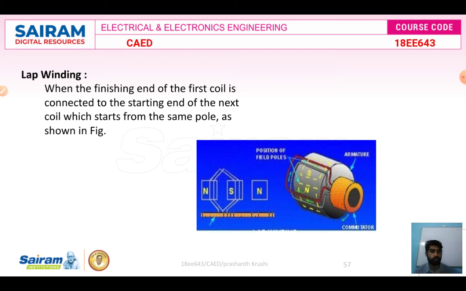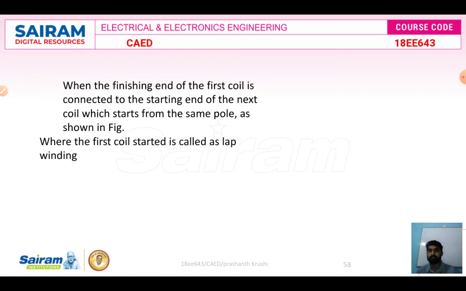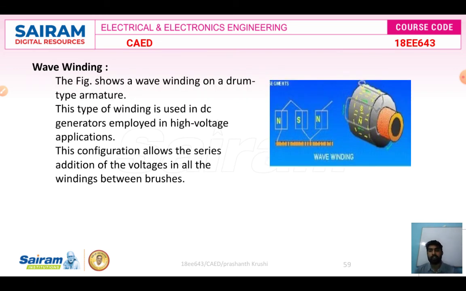Now wave winding. The commutator is present, the armature is present, and the position of the field poles is also present. Start with the next coil. We start from the simple pole shown in the figure above, and this is a wave winding. This one is lap winding, and then wave winding has a wave-like structure, as you can see over here.